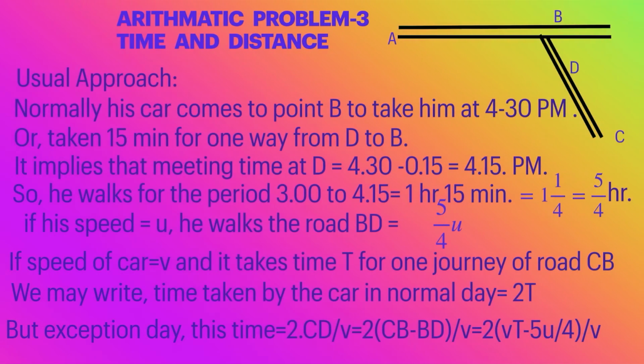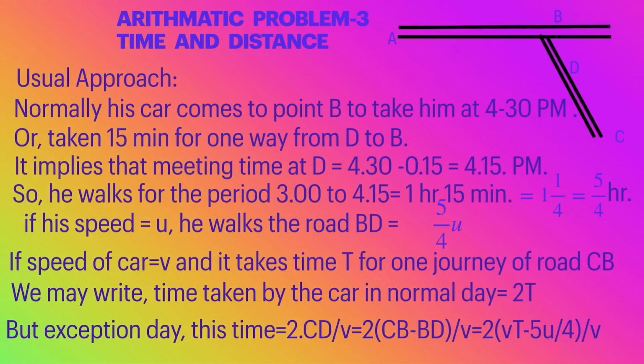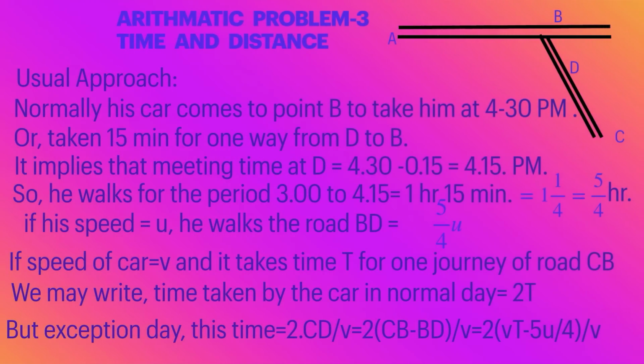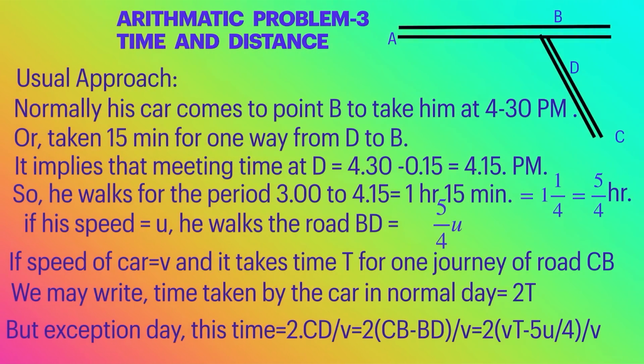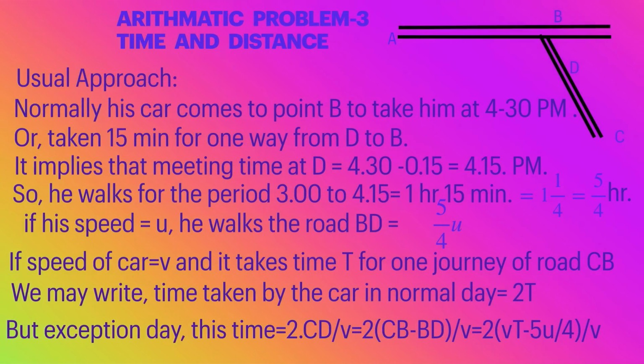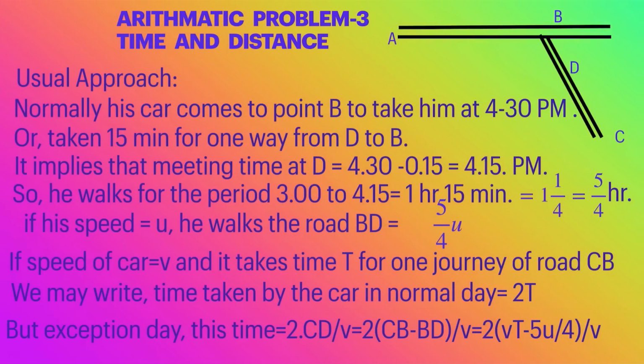So 2 into (CB minus BD) divided by V equals 2 into, here CB equals V into T, because we have supposed that the car will take time T and its velocity V. So CB equals VT, and then VT minus BD, where BD is the distance covered by the man's walking, and the man's walking speed is supposed to be u.